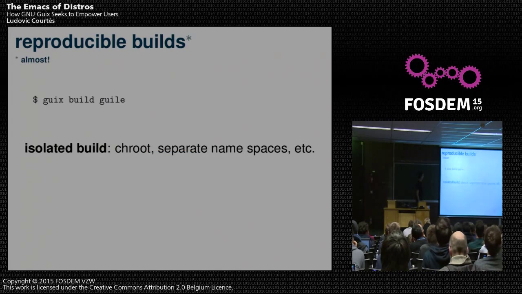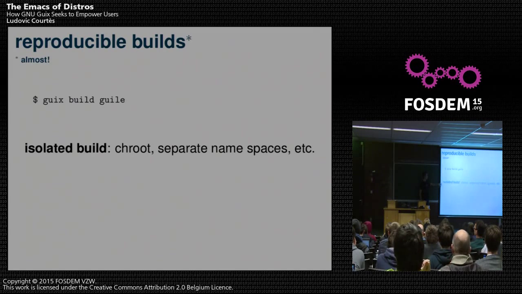Reproducible builds is a hot topic these days, thanks to our friends at the NSA, GCHQ and so on. We realize that it's important to be able to have more guarantees on the binaries that we're using.